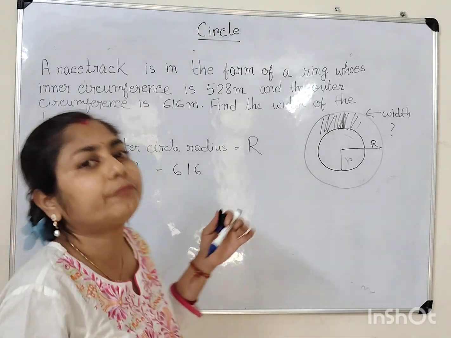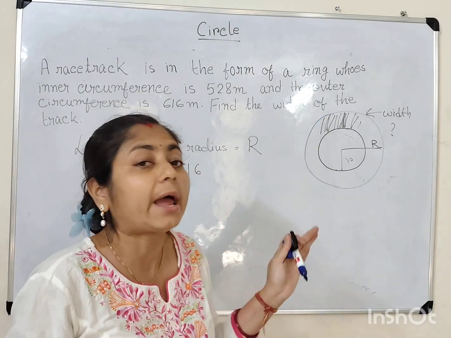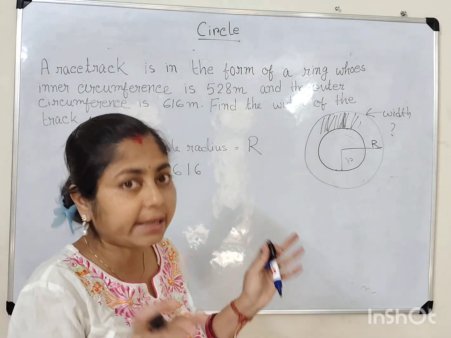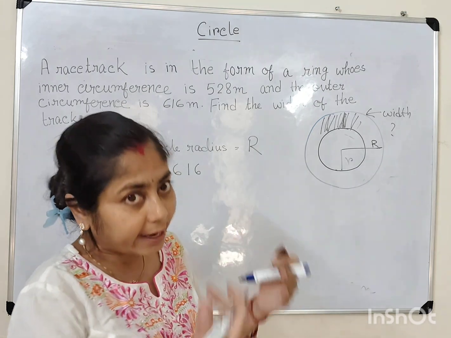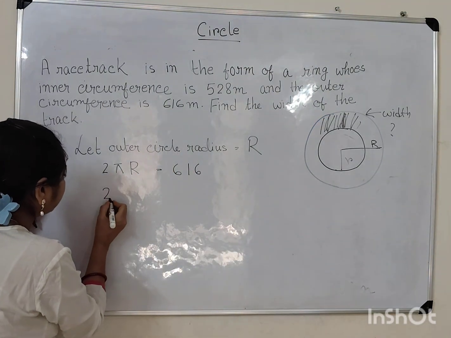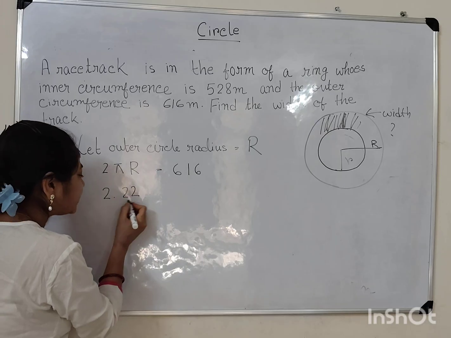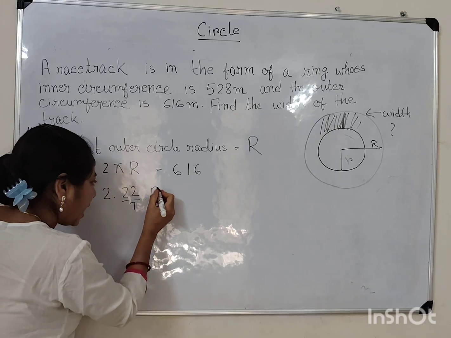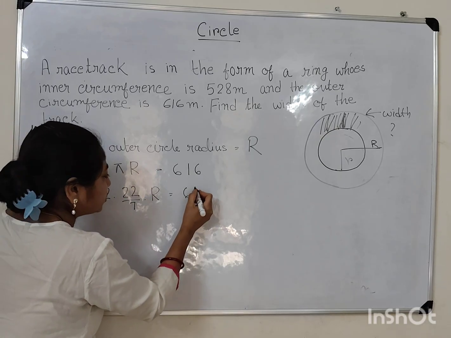When you put the formula and write the value at that time, don't use any unit. At the end, you use the unit. So write 22 by 7 and then R equal to 616.